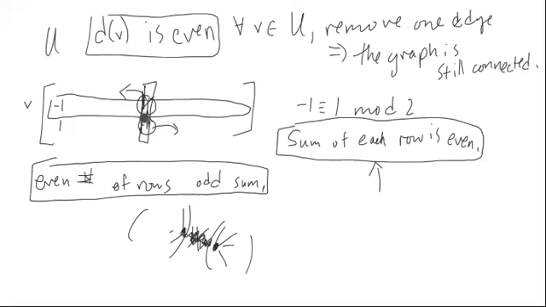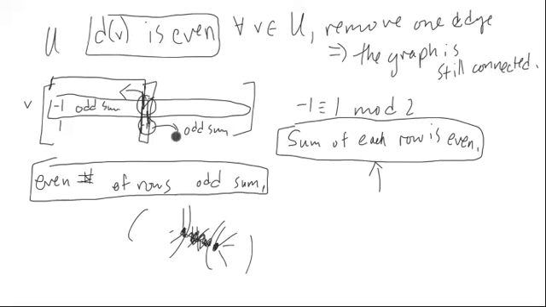If it's in one component by itself, we could have an incidence matrix over here, and if you remove one thing from it, and here you remove one thing from it, you have a row that has an odd sum, and over here you have a row that has an odd sum.